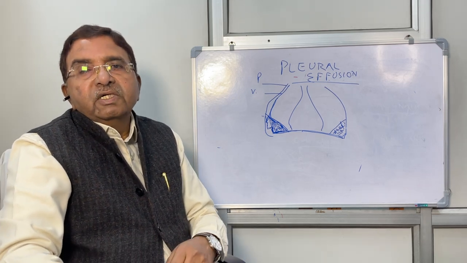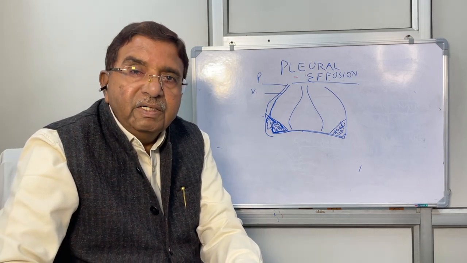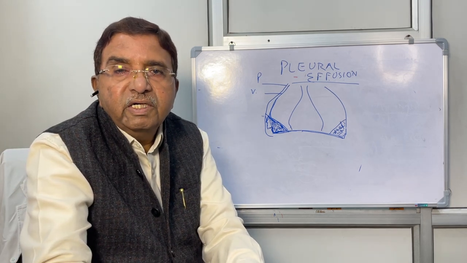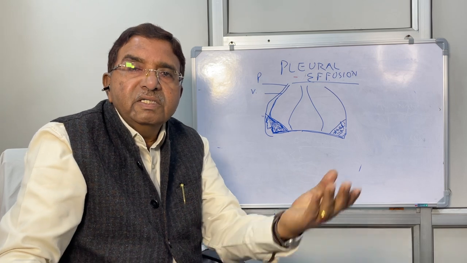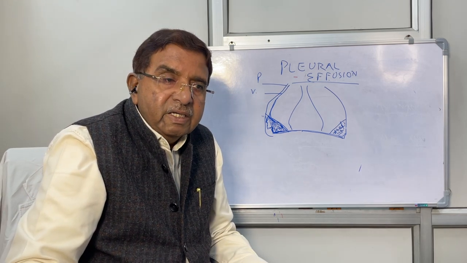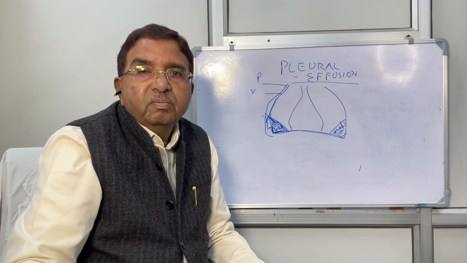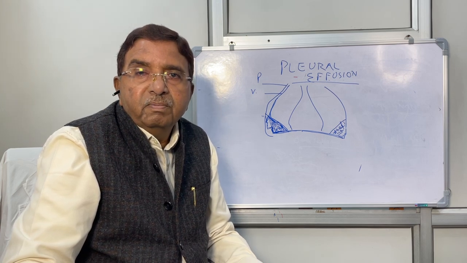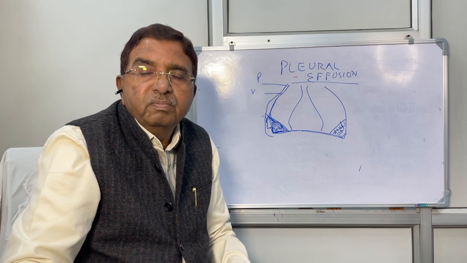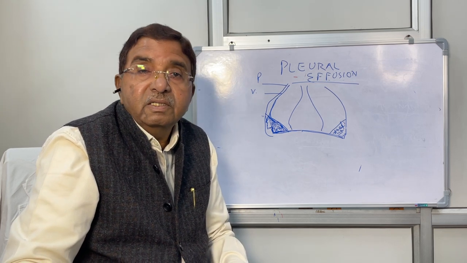This pleural effusion fluid is of two types, transudate and exudate. Transudate is clear fluid, exudate is turbid fluid, and transudate has proteins less than 2.5 gram per deciliter, whereas exudate has more than 2.5 gram per deciliter.